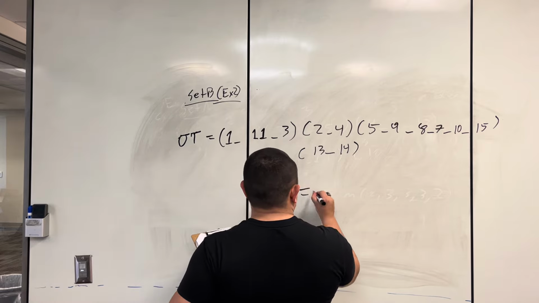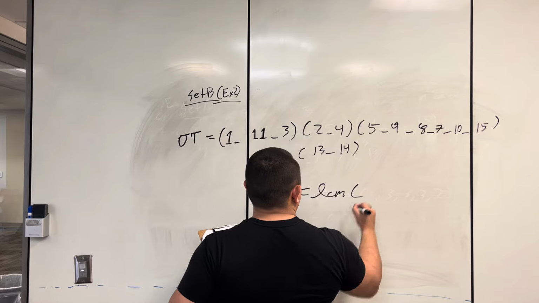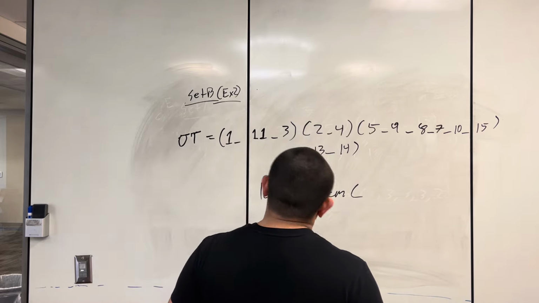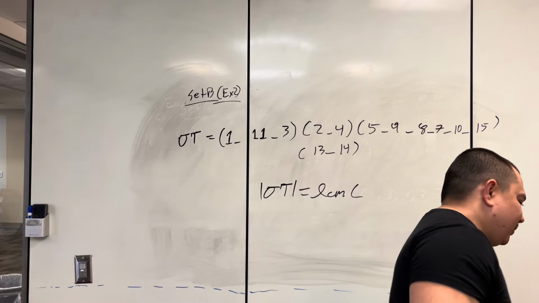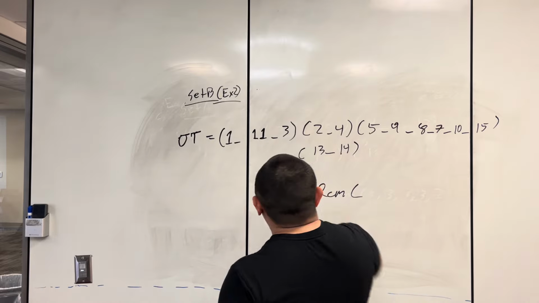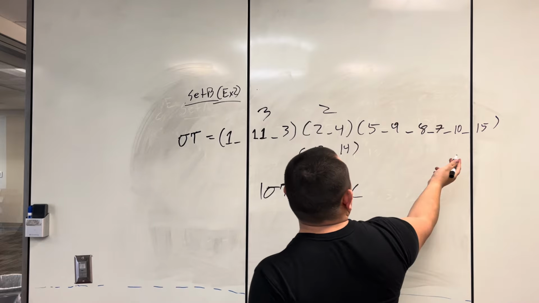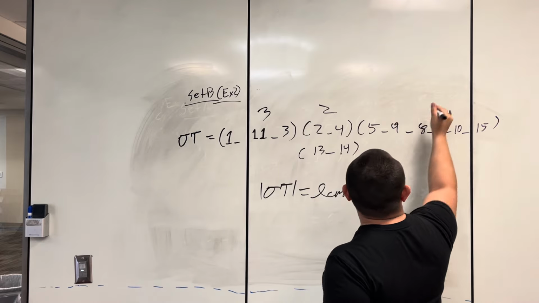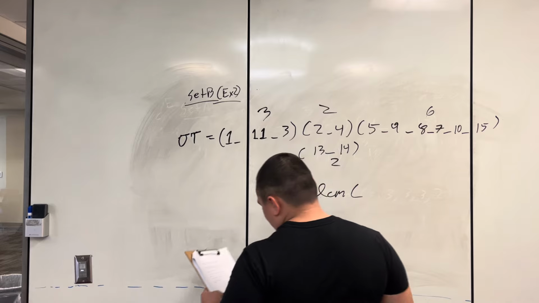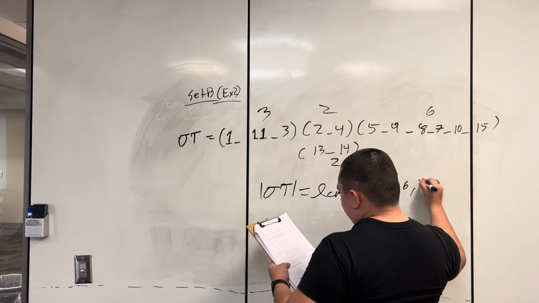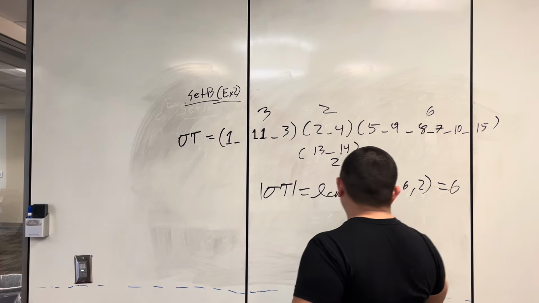Well, the order of sigma tau, as is per usual, is equal to the LCM of all of the orders of each of these disjoint cycles, right? So 3, 2, 6, 2, which is equal to 6.